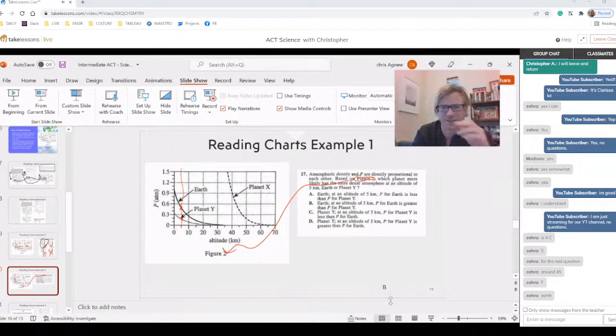Earth, Zara says. Yeah, I think they have more pressure. Now, what's the reason? P for Earth is greater or P for Earth is less? What do you think, Zara?